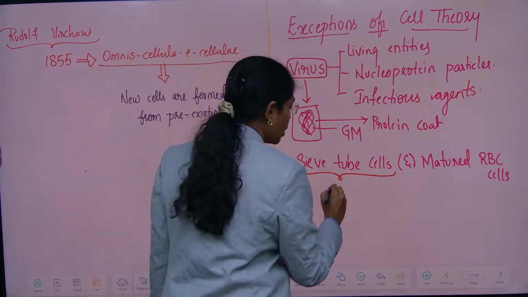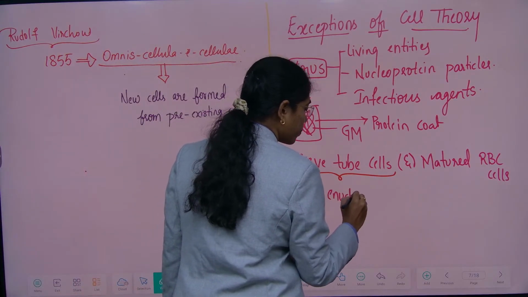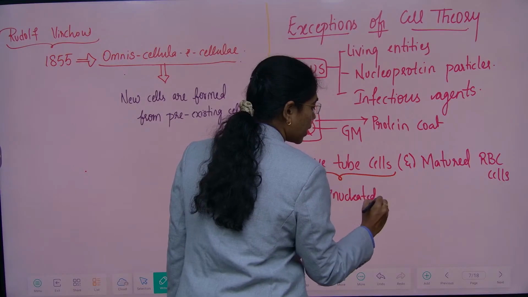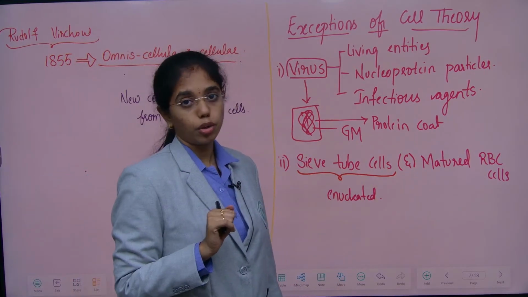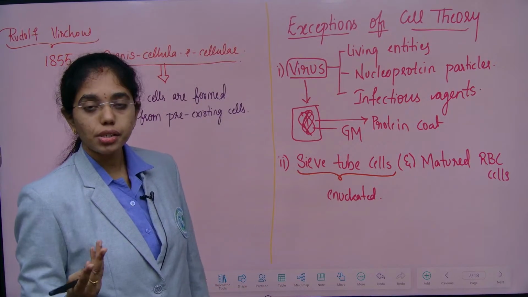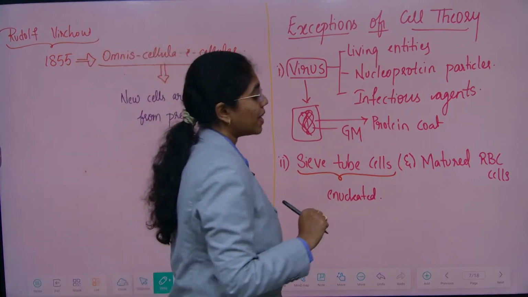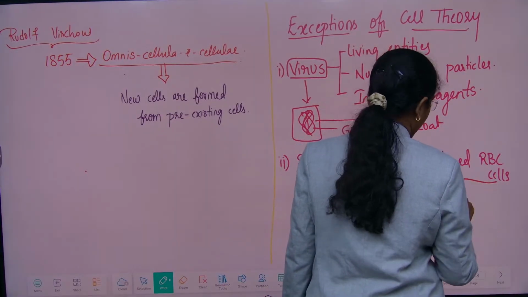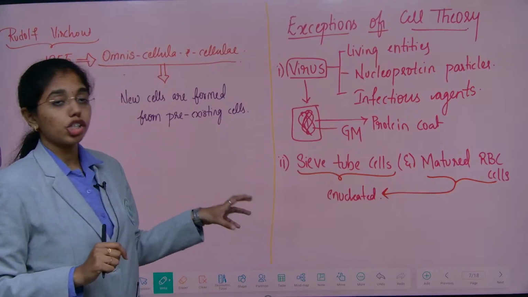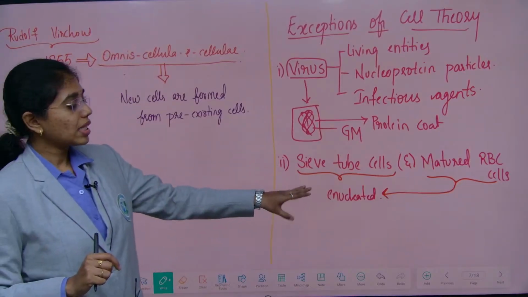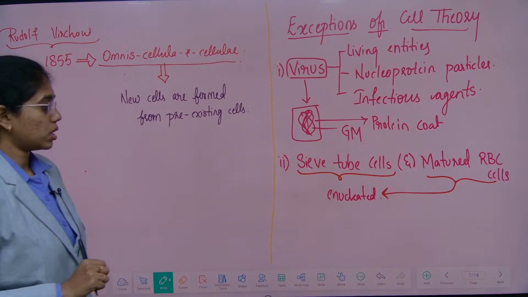These are enucleated, and matured RBC cells don't have a nucleus, whereas progenitor cells will have a nucleus. As these cells don't have a nucleus, cell theory is not applicable to these cells.